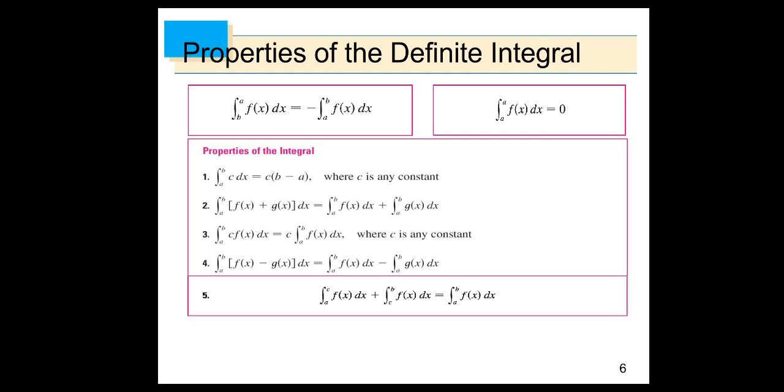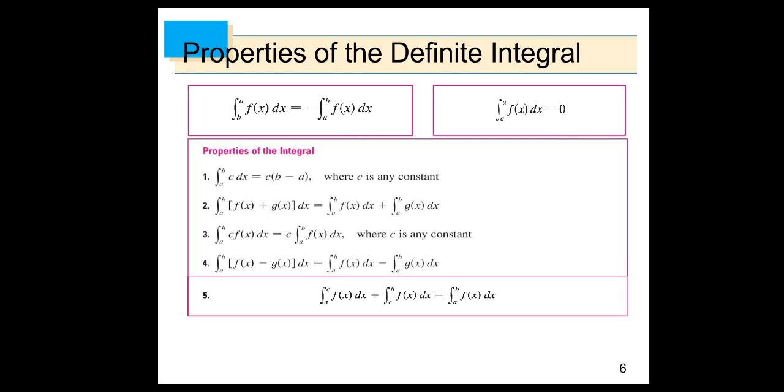Okay guys, now we have the properties of the definite integral. When we define the definite integral a to b f of x dx, right, we implicitly assume that our a is less than b, right? But we have this particular property, which is different from our assumption. So you can see the definite integral from b to a of f of x dx is equal to minus the integral from a to b of f of x dx, right?